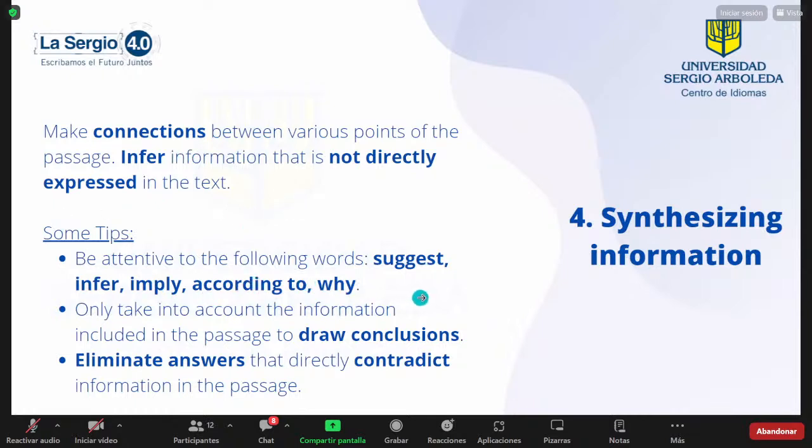So in the question, like suggest, infer, imply, according to, why, in this type of question you will find these words. If you find this word, it means that they are asking you this type of synthesizing information. So of course it implies more thought and more critical thinking and more understanding, no? For this, you may have to understand the passage.